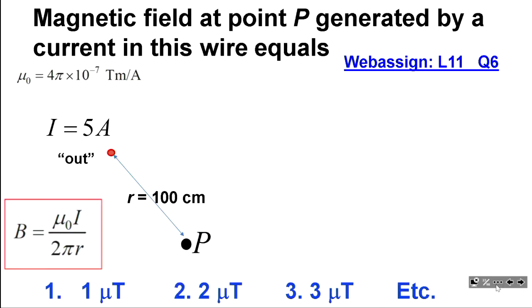The permeability of free space, this constant, has a fixed value. All you have to do is plug the numbers in and calculate the strength. What is the direction of the magnetic field? We know the magnetic field points like this, which means if I have a compass placed here, it will have this orientation in the direction of the magnetic field.